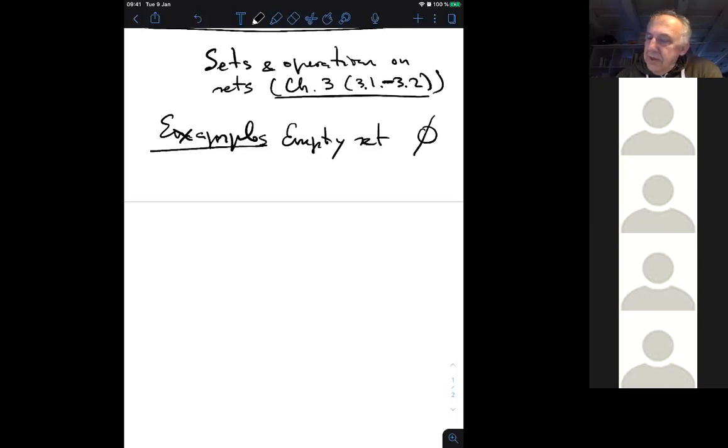Sets are usually denoted by curly brackets containing a list of elements of the set. So this is the set consisting of the first n natural numbers, 1, 2, 3, and so on up to n. And ℕ, you probably know this notation, is the set of all natural numbers.